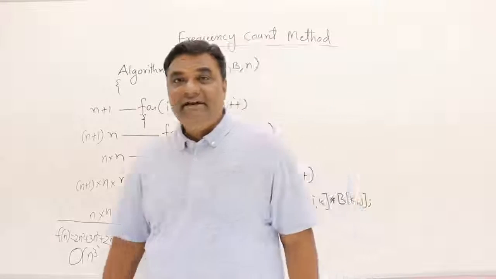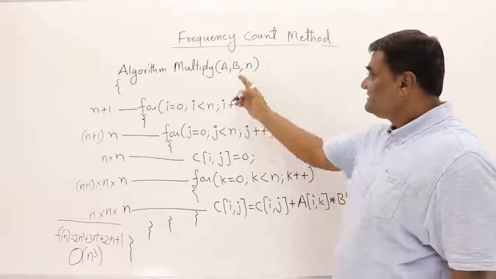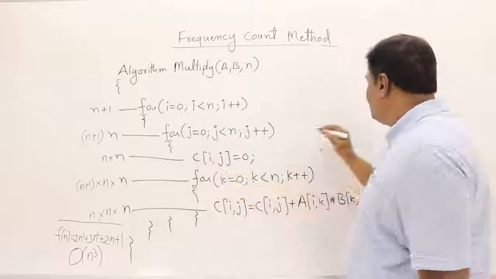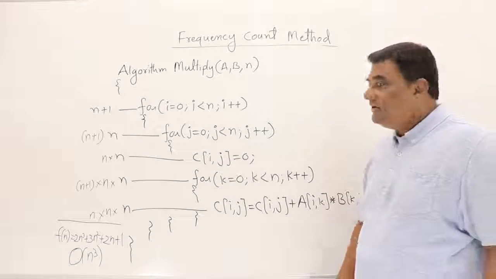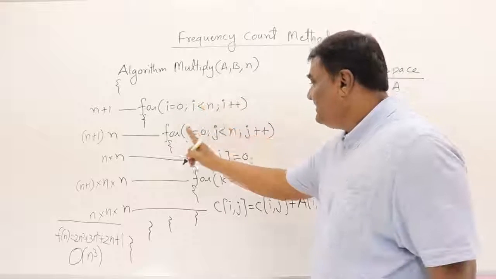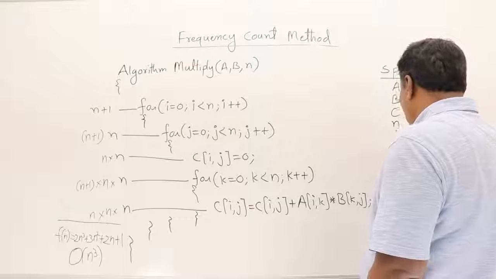Let us see the space complexity for this one. The variables it is having are a, b and c, and n, i, j and k.